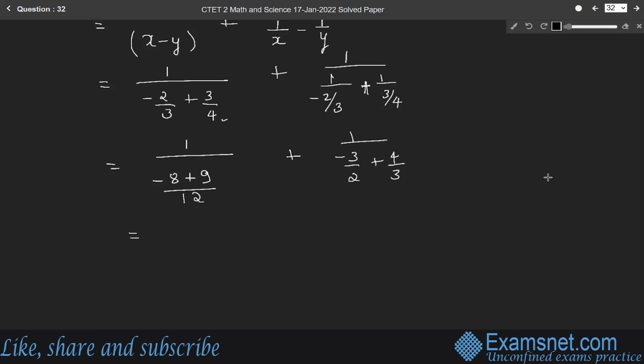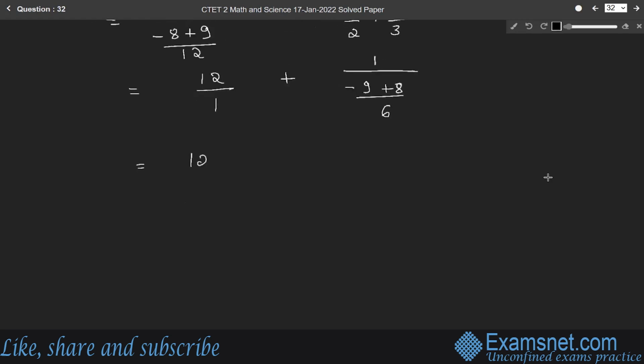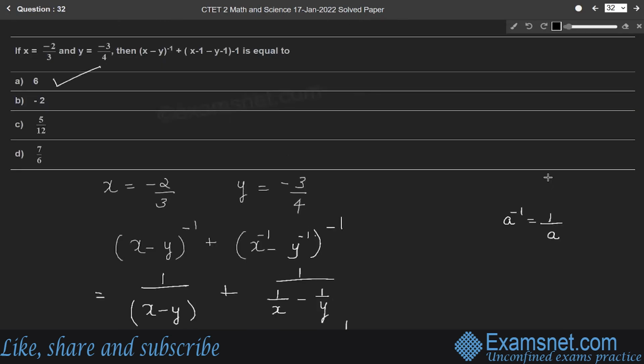So 12 divided by 1 plus 1 by LCM of 2 and 3, which is 6, so minus 9 plus 8, right? So it is 12 plus 6 minus 6 by 1. Therefore it is 12 minus 6, which is 6. Therefore the value is option A, 6.